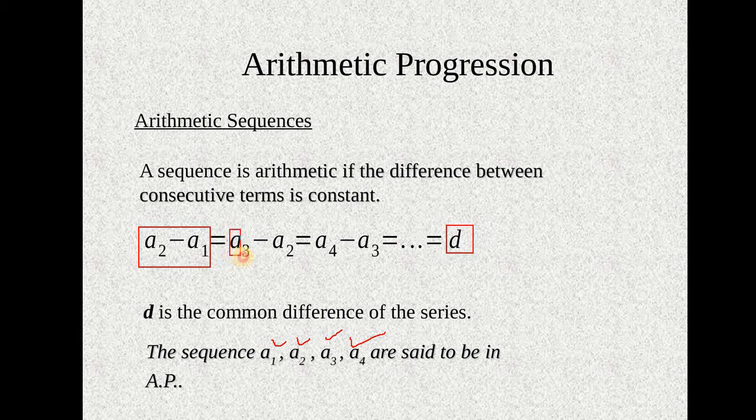Similarly, these two are consecutive whose difference is this. Whenever a sequence is such that the difference between two consecutive terms is the same, then such a sequence is called an arithmetic sequence. The sequence a1, a2, a3, a4 is called an arithmetic sequence because the difference of their consecutive terms is the same.